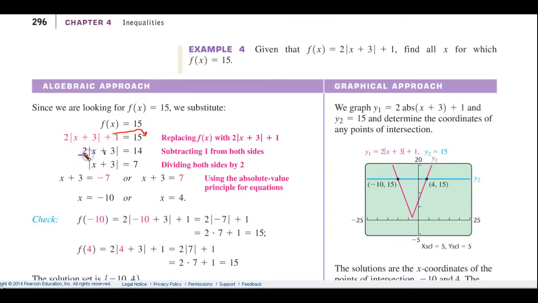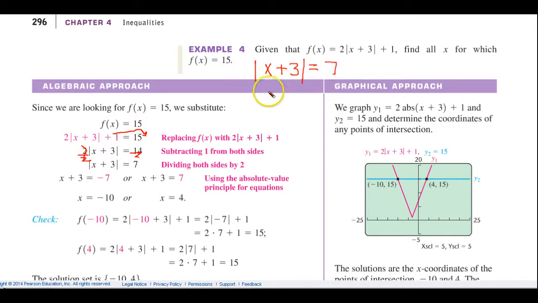But if I divide both sides by 2, here I get rid of it, and here I get 7. So now I have what I should start with in a sense, or as we move along. And we have the absolute value of x plus 3 equals 7.